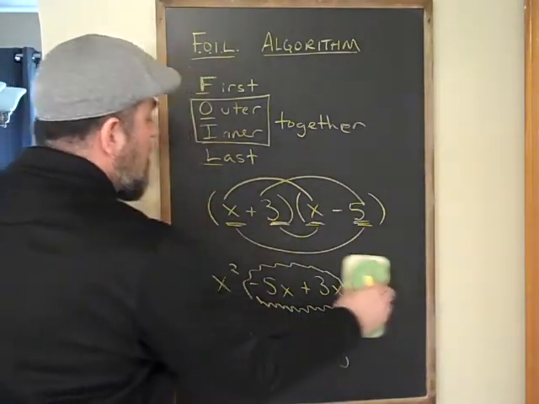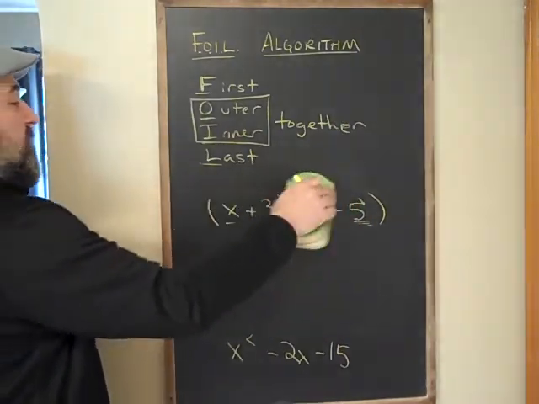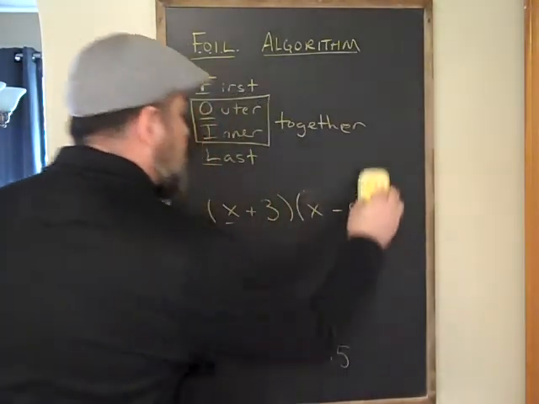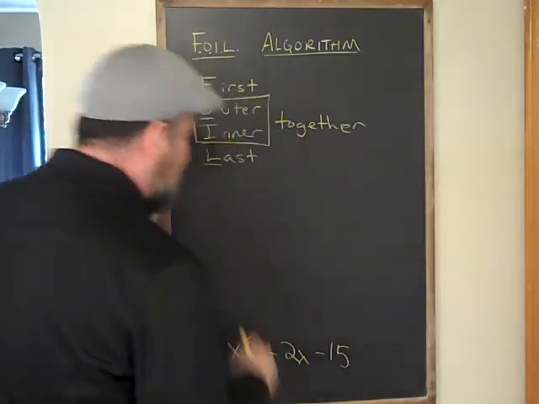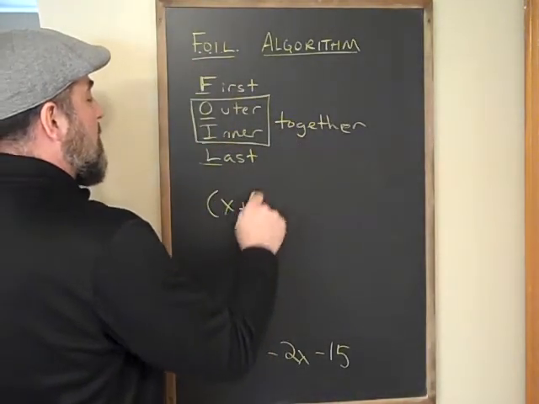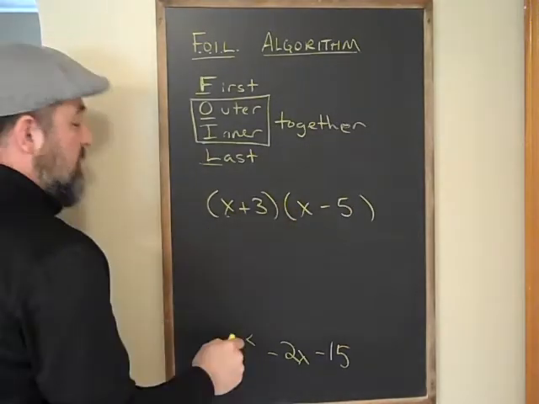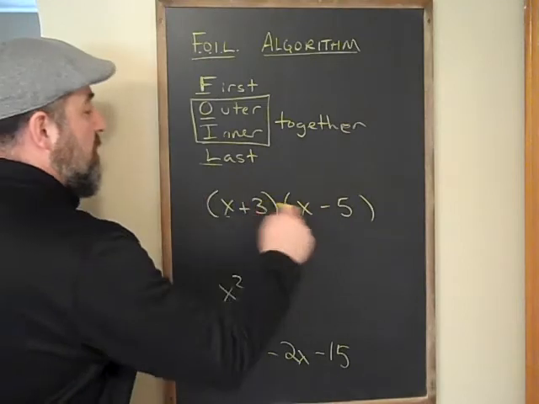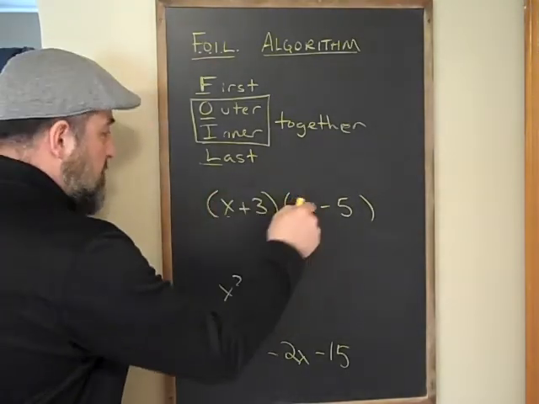So let's use the FOIL algorithm the way I believe you should be using it when you do a problem like this. I'll just rewrite it: x plus 3, x minus 5. First times first, I think you can get your answer without having to draw that little arc in there. So there's our first times our first.